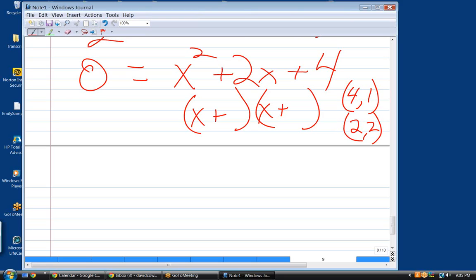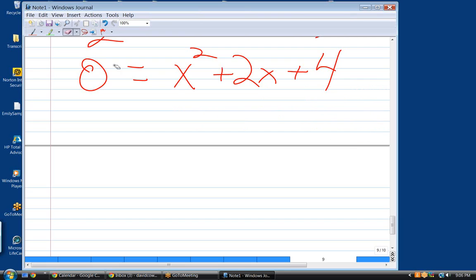Do any of them add to 2? No. Okay, this is one we have to use the quadratic formula to solve. In other words, it is very easy to factor these if they're factorable, but it's also very easy to determine they're not factorable pretty quick. So it's worth giving factoring a shot. Now we'll go to the quadratic.